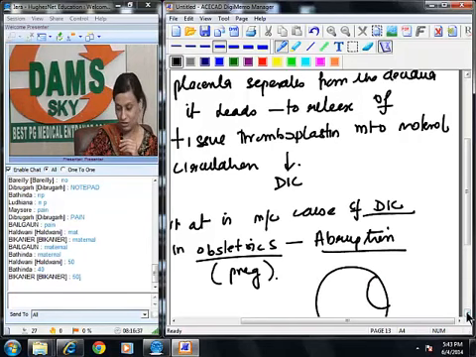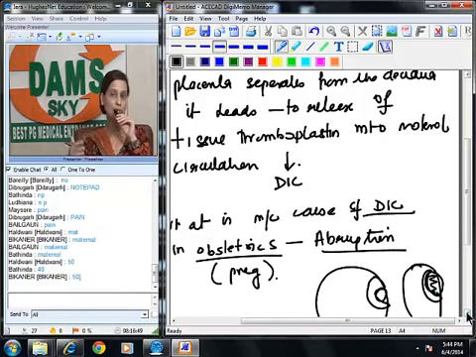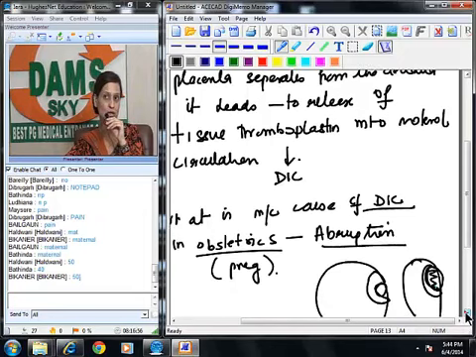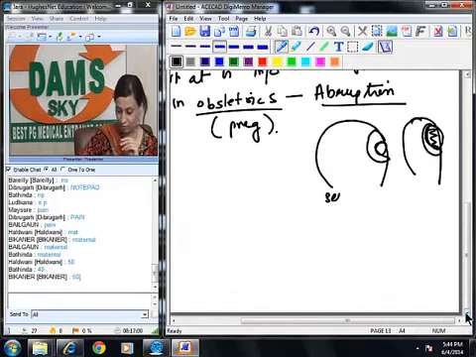Suppose it starts from the center, first the hematoma is going to be small, then it is going to extend further till it involves the entire placenta. So it is a self-propagating event which causes more and more of the placenta to separate. So abruption is self-propagating, right?